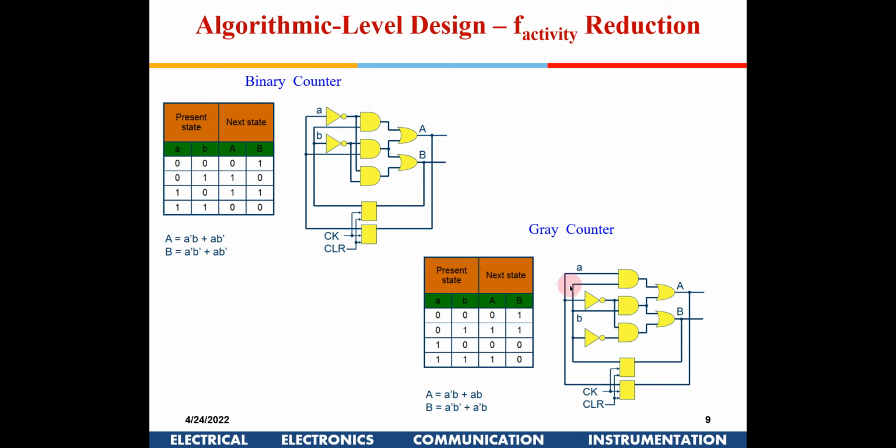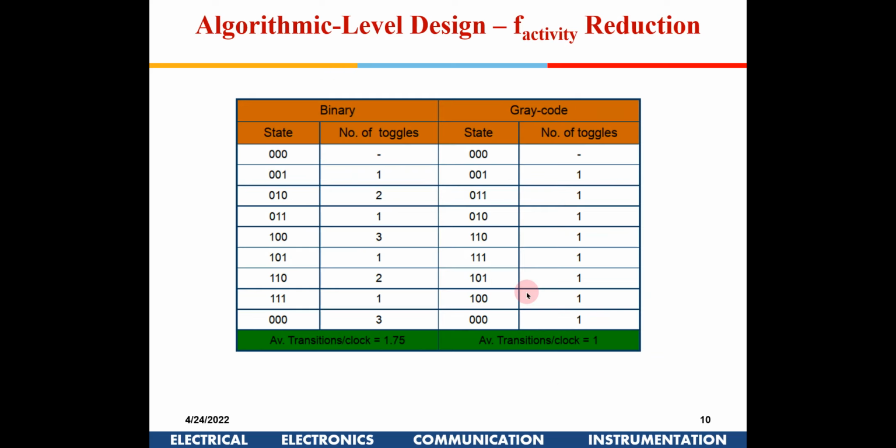If you see the position of this NOT gate, hardware-wise they are exactly the same. So there is no additional penalty in using a gray counter, but the final switching is much lesser. That is the advantage of using a gray counter.